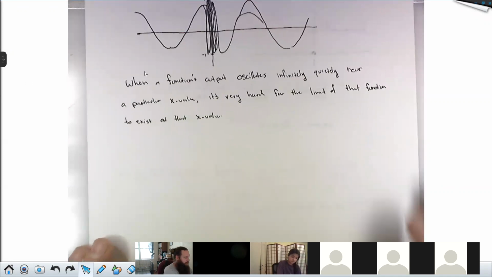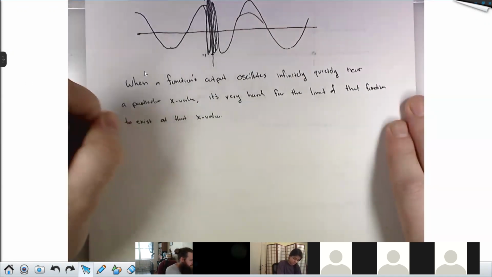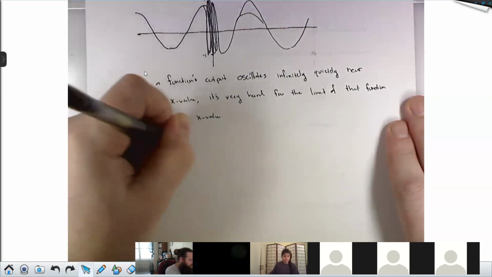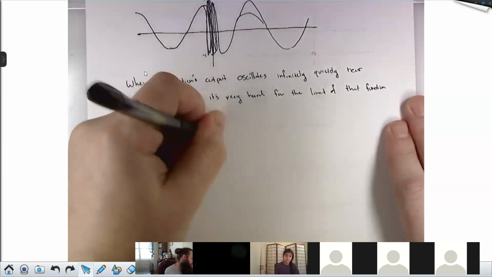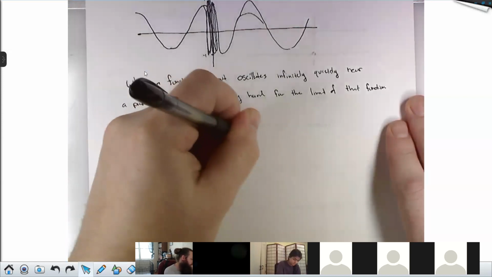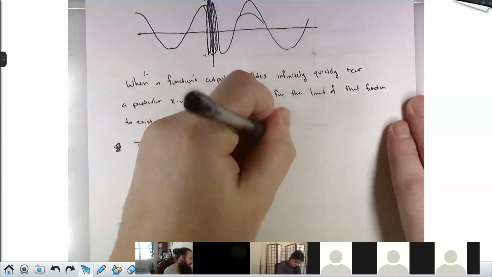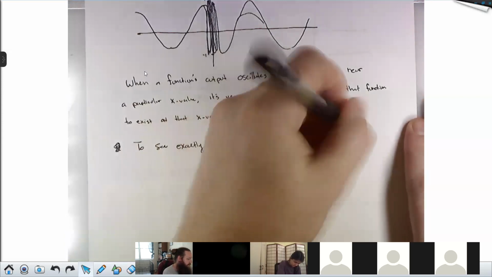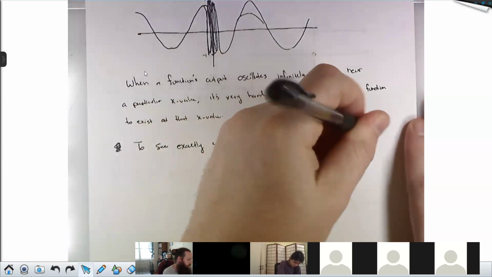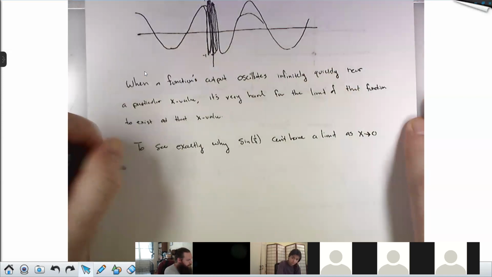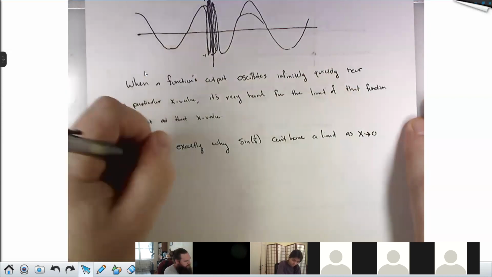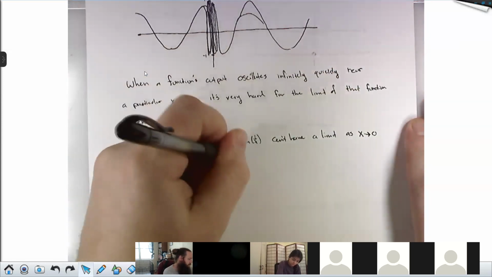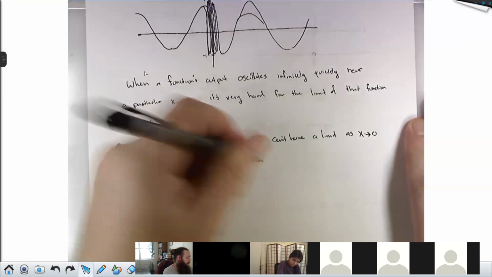I'm going to pick it up here on Friday to see exactly why sine 1 over x can't have a limit as x approaches 0. We need a rigorous definition of a limit.